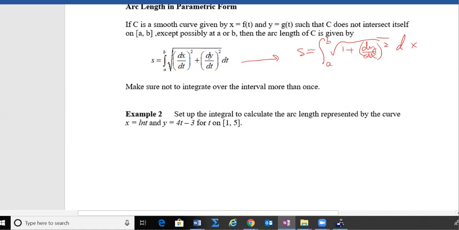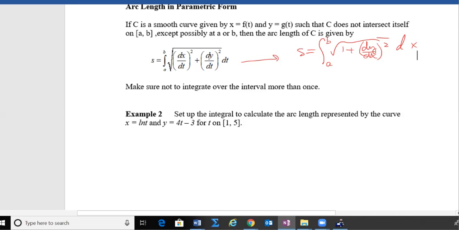We'll assume that we're integrating with respect to x here. The same can be done with the other derivative if you wanted to. But just substituting in our value for the derivative in parametric form, you will get to this with a little bit of algebra. Okay, so that's all it takes.